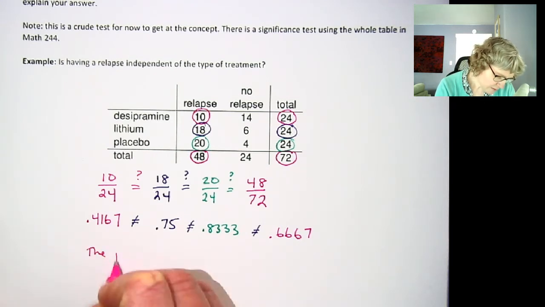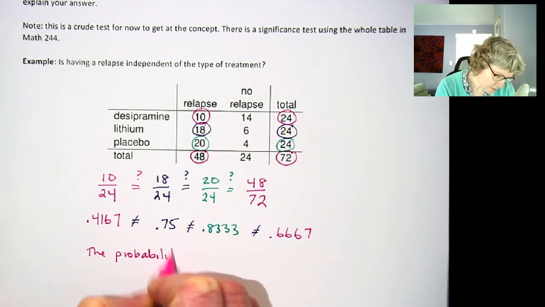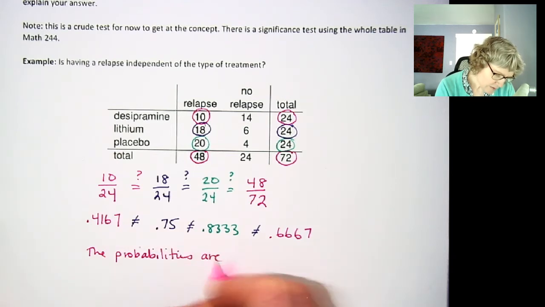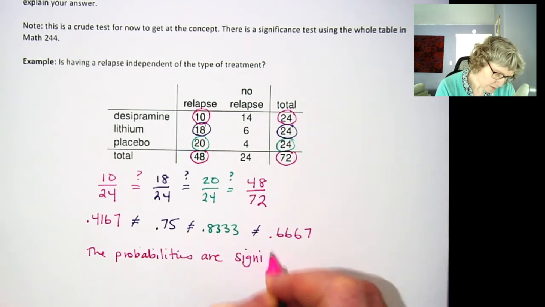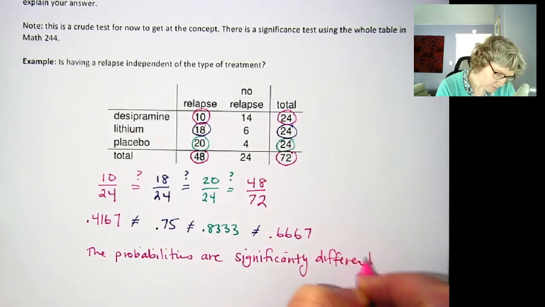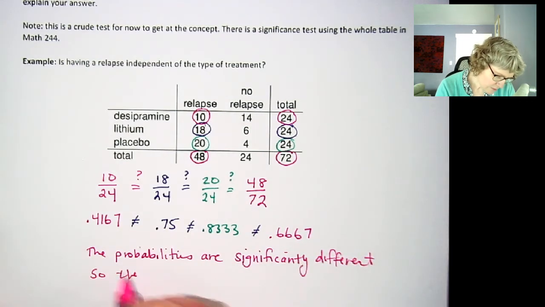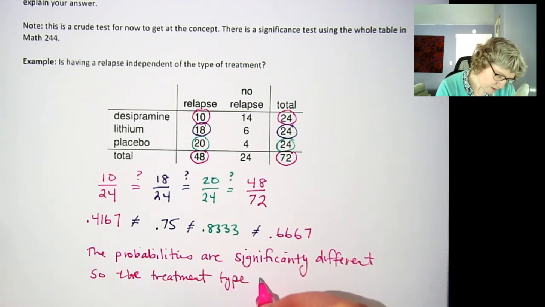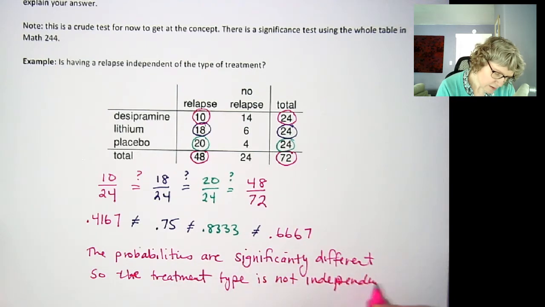The probabilities are significantly different, so the treatment type, there's lots of ways you could say it, but I'm just going to say is not independent of whether someone had a relapse.